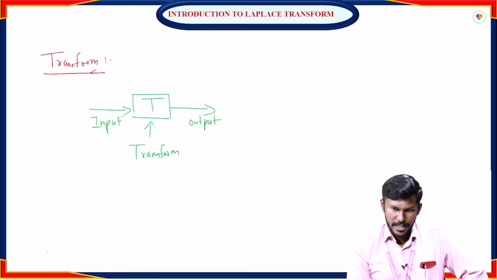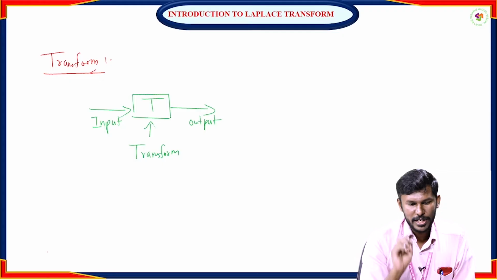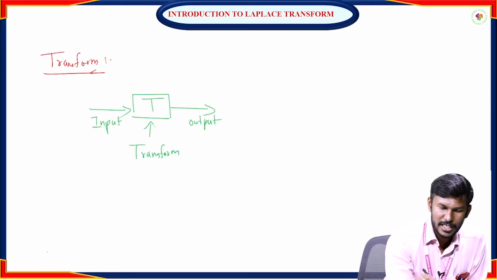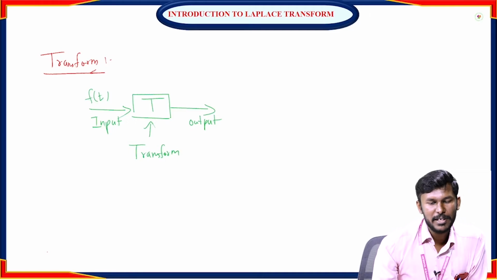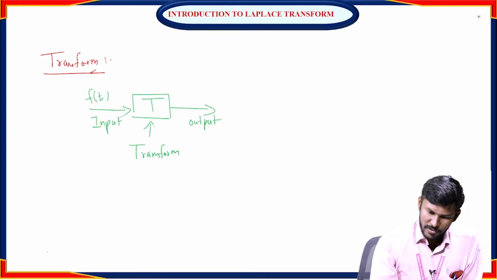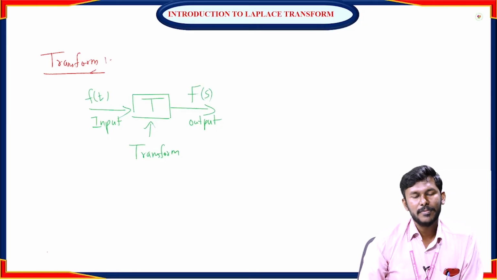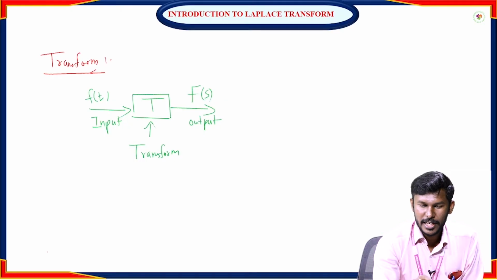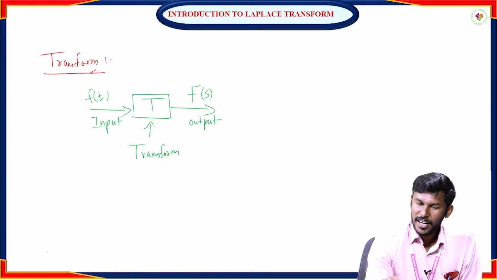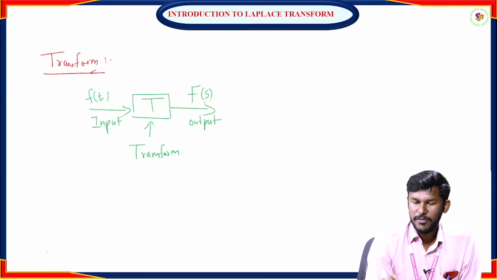In Laplace transform, suppose the input is some function, a function of t, and the output is a capital function of s. The input is the function f of t and my output is capital F of s.